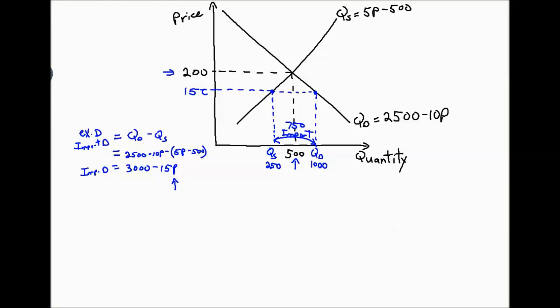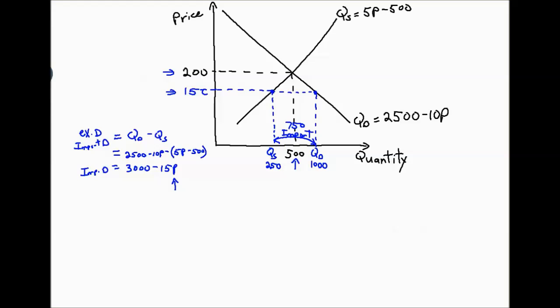Now when the price is 150, it should be that we want to import 750. Let's see if that's right. When the price is 150, 15 times 150 is 2,250, and I'm going to subtract that from 3,000, and I do get 750. So this is correct.